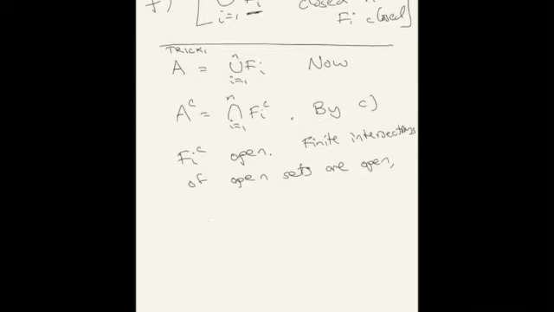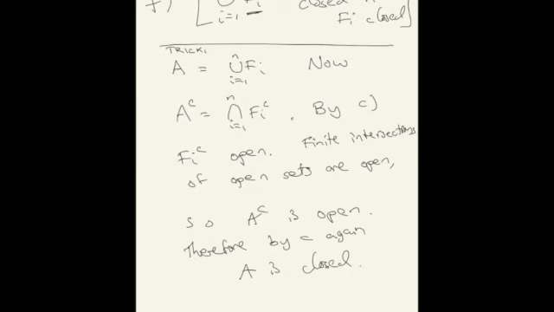So the complement is open. Now, since the complement is open, going the other way, therefore, by C again, A is closed. Sometimes this is called an instance of duality.